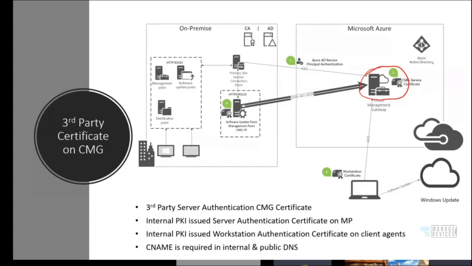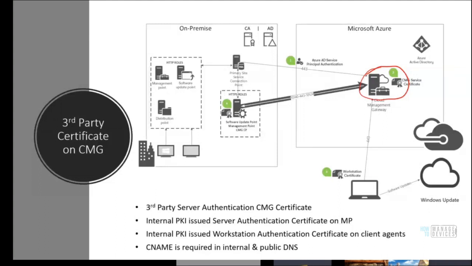And in between, if a machine gets re-imaged, those users will come back and say, my machine is not connecting from the internet now. That will be an additional administrator overhead. So don't go with third-party certificates on the workstation. Only a third-party certificate will be possible on the CMG. That's it. Everything else should happen through the workstation certificate on the client machines.